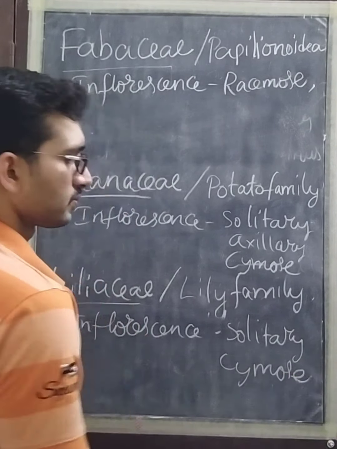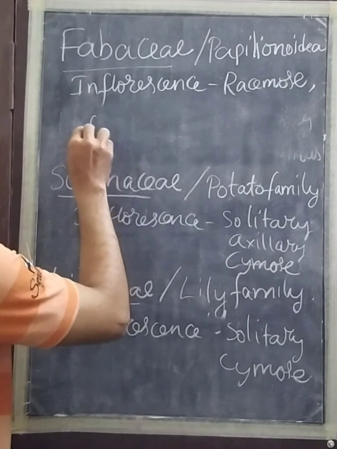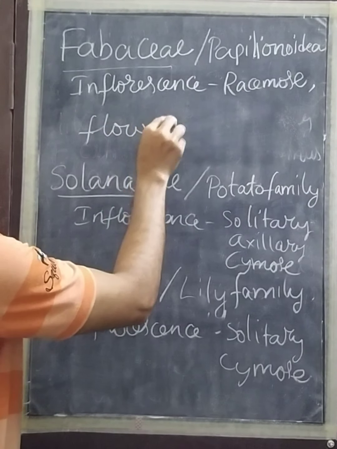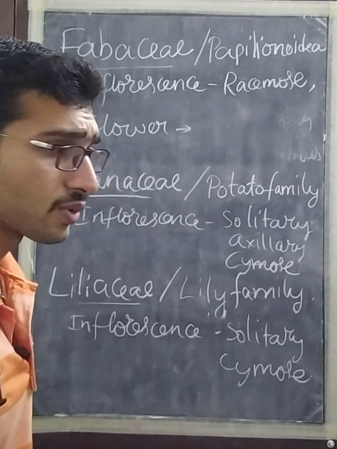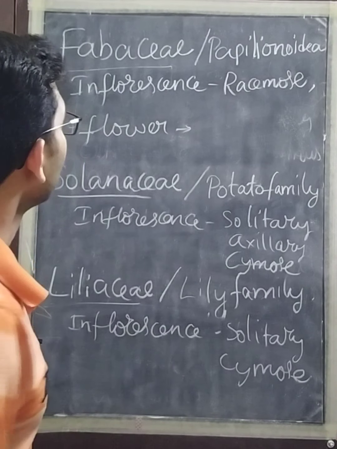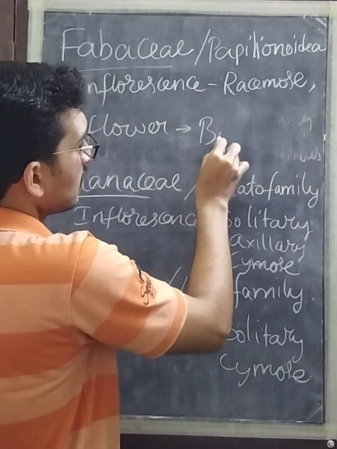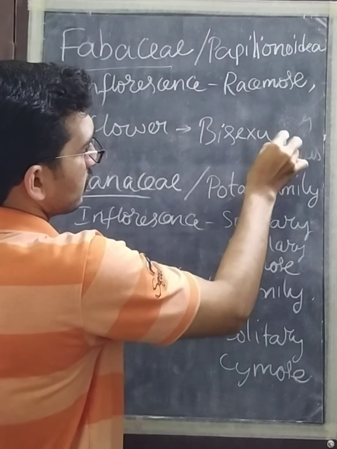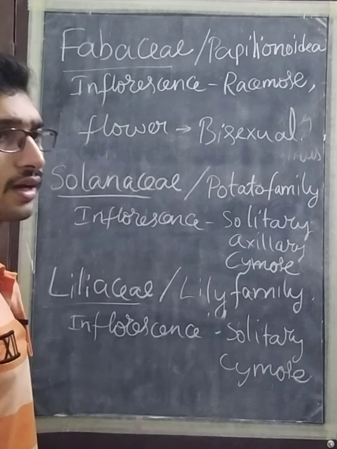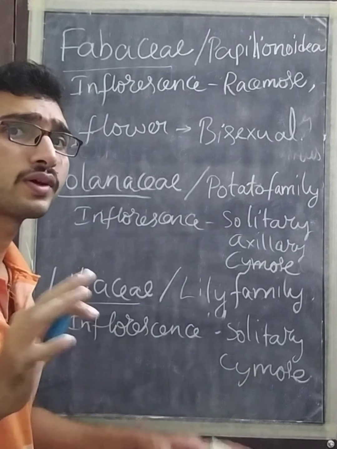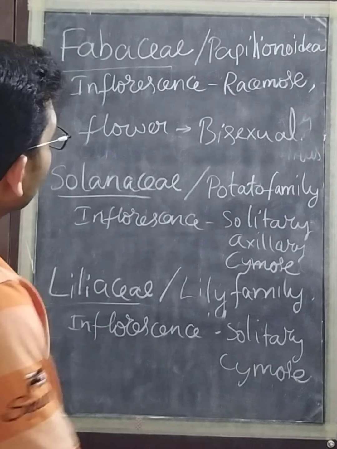After discussing the inflorescence, we will move on to the flower. We check whether it is bisexual or unisexual. If it has both androecium and gynoecium, we consider it a bisexual flower. Whether they are actinomorphic or zygomorphic is also taken into consideration.